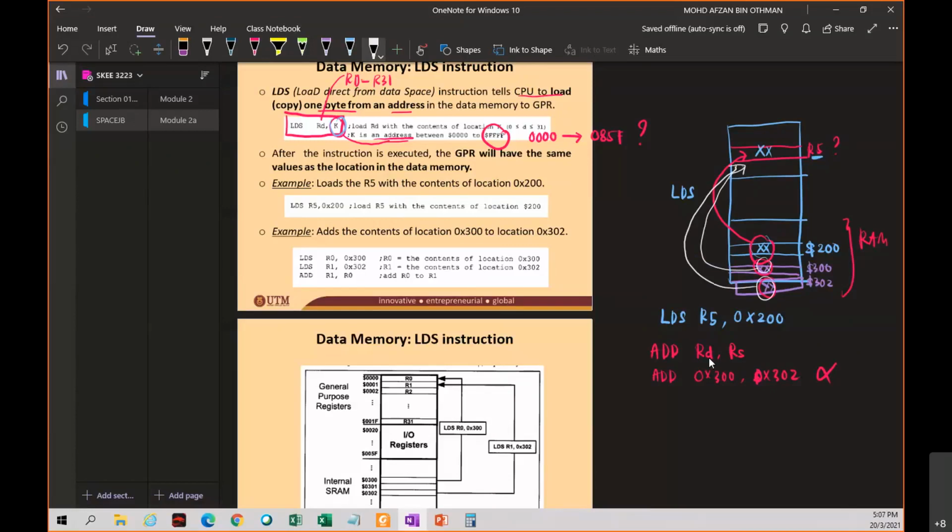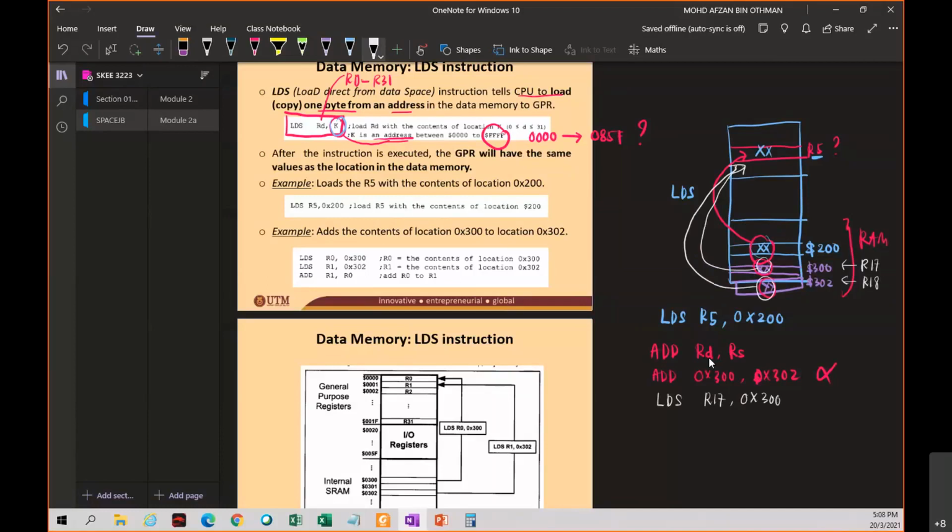Use the LDS. First kita letaklah yang ni dekat R17, yang ni nak letak dekat R18. Tak kisah pun mana-mana R. So LDS R17 with a value from address 0x300.